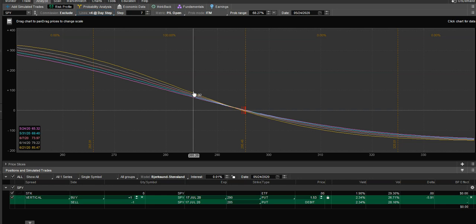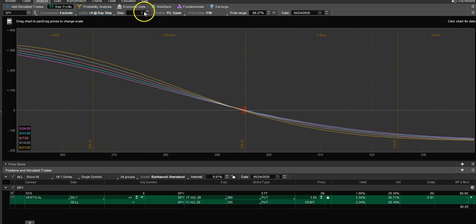If by June 21st it's here, so it takes a little longer than we expected, what we paid $1.54 would be worth about $85.